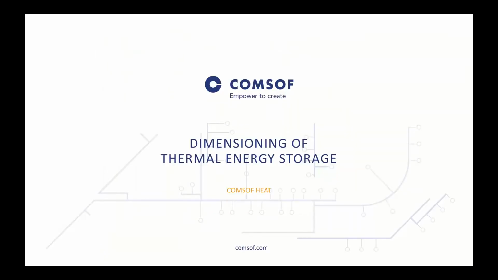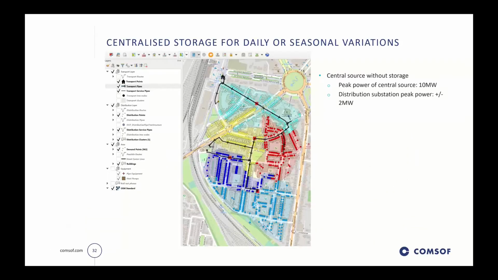Then another big new feature that took us quite some time is dimensioning of thermal energy storage in the network. Here's an example of a network. We have a peak power of about 10 megawatts, and multiple distribution substations of about 2 megawatts.